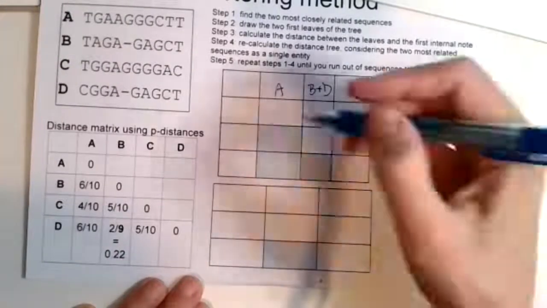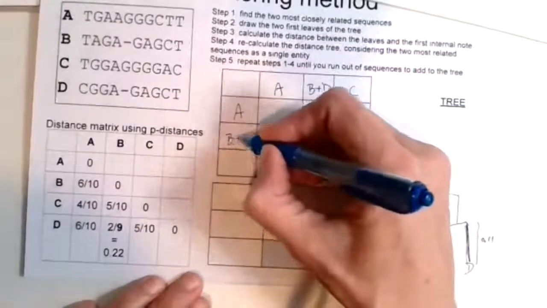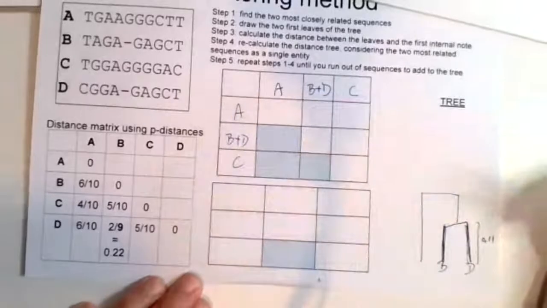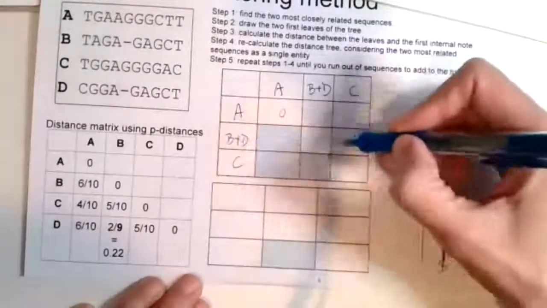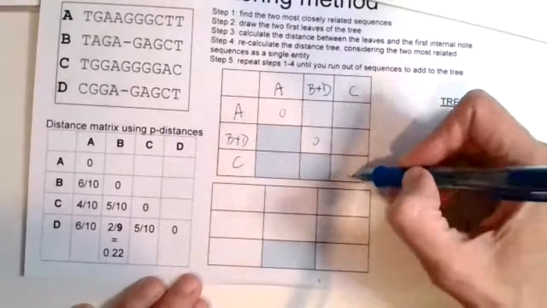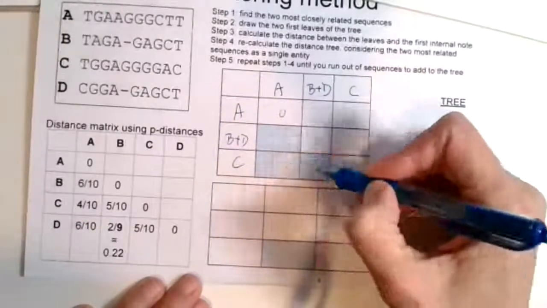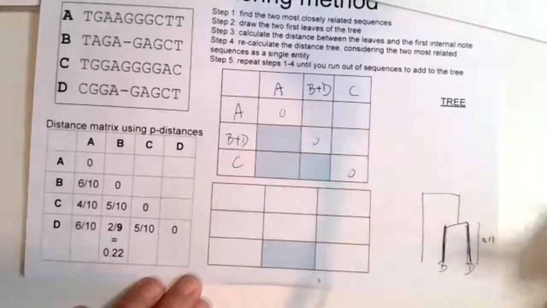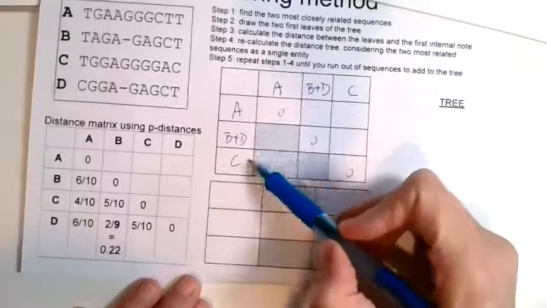We're merging them. So I'll have A, B plus D, and C. A against A is 0, B and B is 0, C and C is 0. That doesn't really inform me much, but I want us to fill out the other parts. Let's do the easy part first.